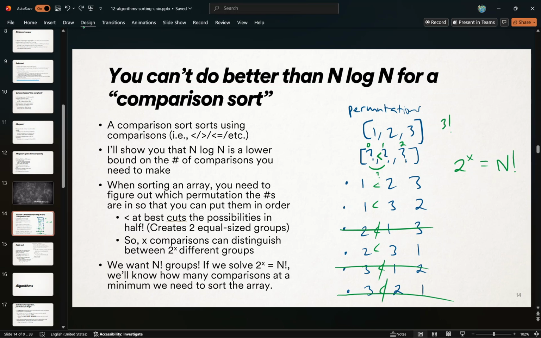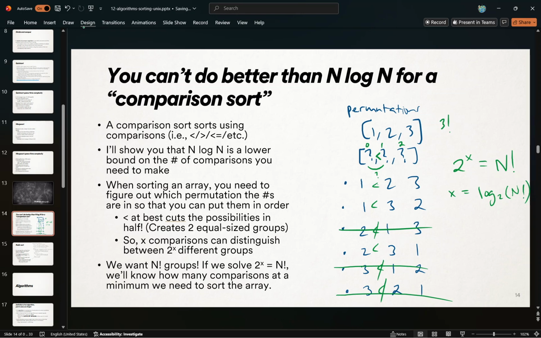To solve this, we can take logs, right? Take the log base 2 of each side. We get X on the left equal to log base 2 of n factorial on the right. This is disgusting.